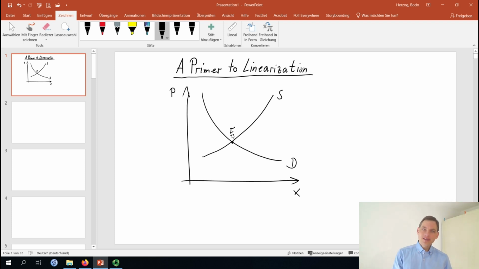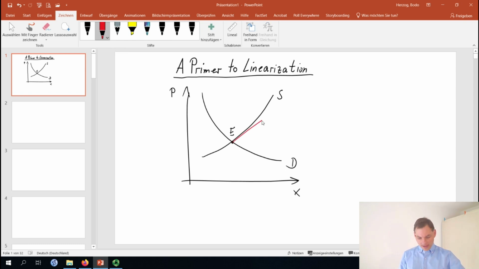But finding the intersection of nonlinear curves is sometimes relatively hard to do. And studying the environment around the equilibrium is also difficult. So what we often do in economics is linearize these curves.